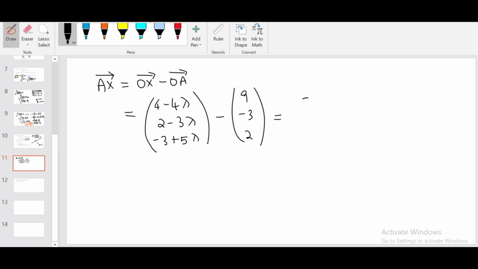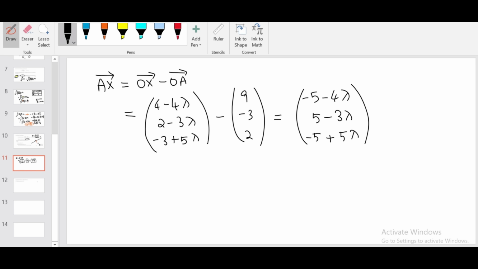It's going to be 5 minus 9 is minus 5 minus 4 lambda. 2 plus 3 is 5 minus 3 lambda. Minus 3 minus 2 is minus 5 plus 5 lambda. That's the AX vector.